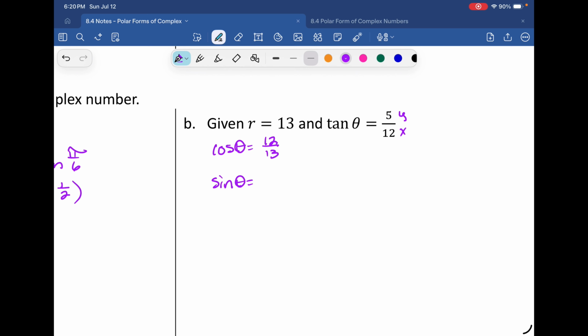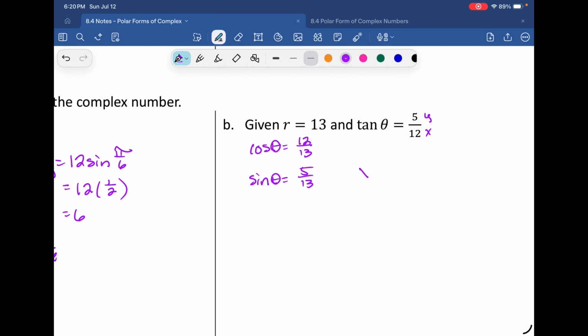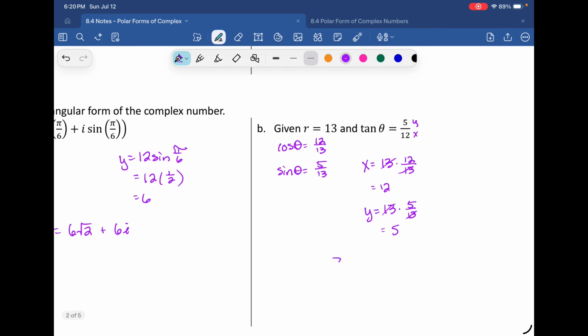Sine would be 5 over 13. All right, so then x equals radius times cosine theta. Y equals radius sine theta. So our complex number is 12 plus 5i.